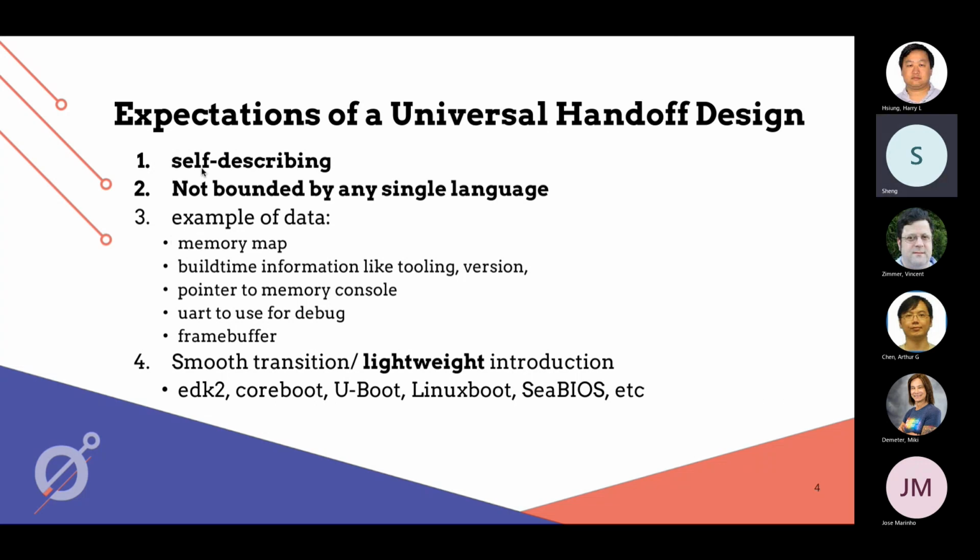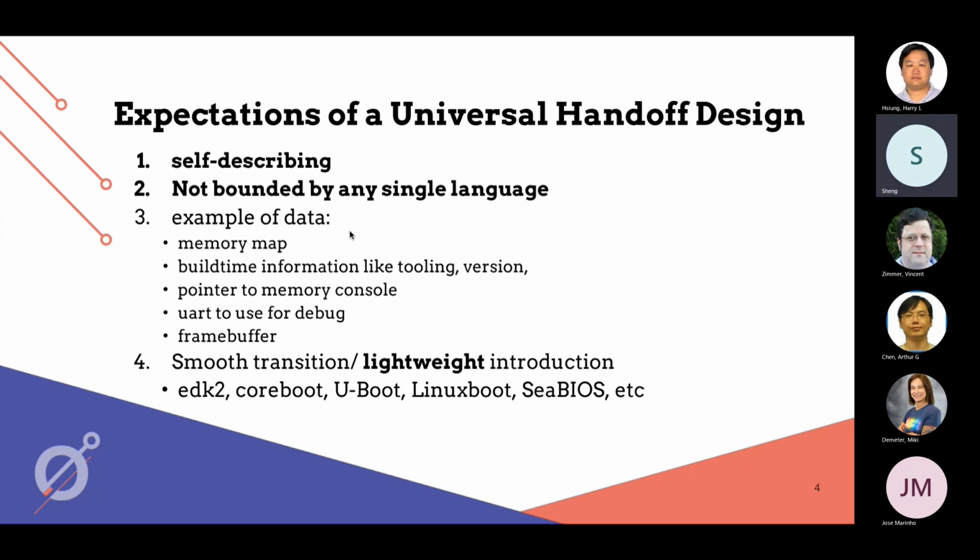The second thing is also very important. We would want a solution that is not bound by any single language. For example, we do not want something that only works in C, where you then have to rewrite everything in Rust, or that can only work in Rust or any special language.